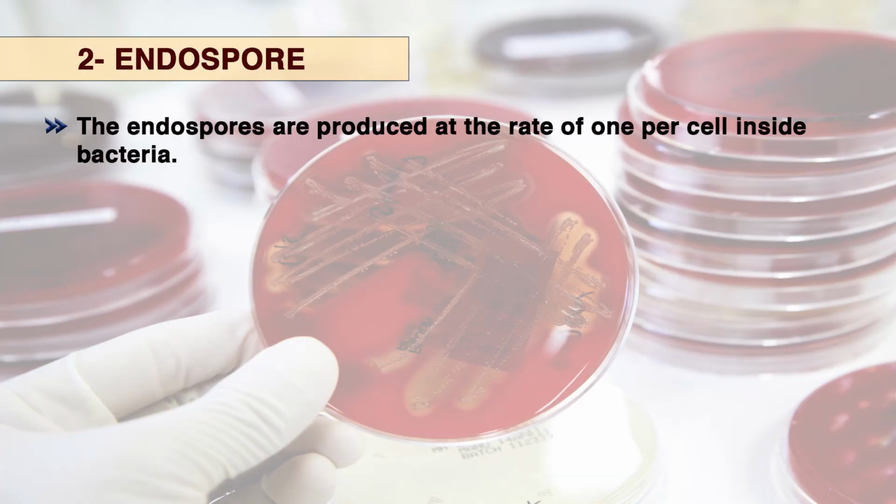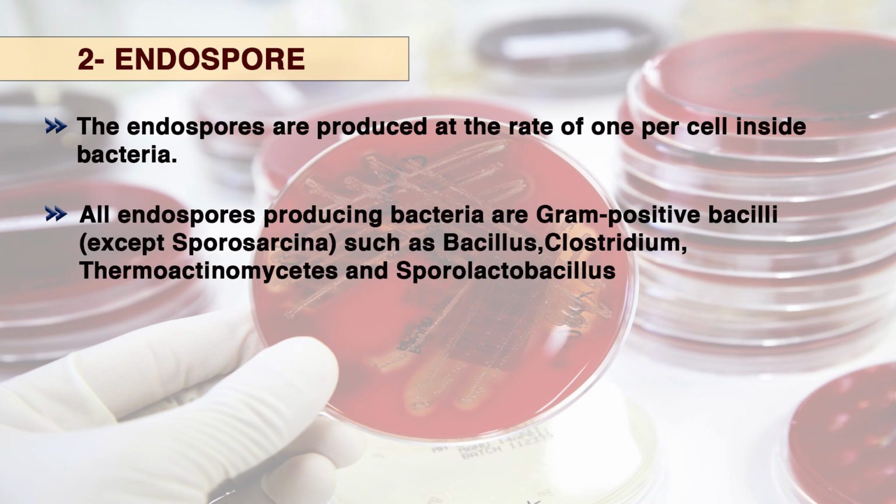Endospores are produced at the rate of one per cell inside the bacteria. All endospore-producing bacteria are gram positive bacilli, except Sporosarcina, such as Bacillus, Clostridium, Thermoactinomycetes and Sporolactobacillus.